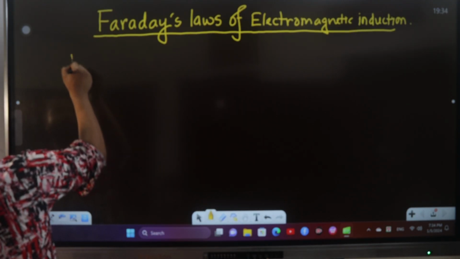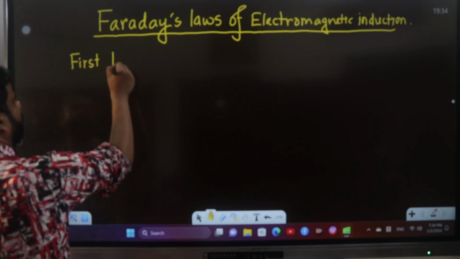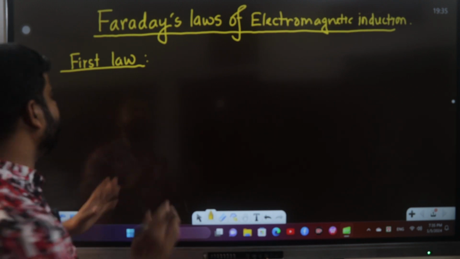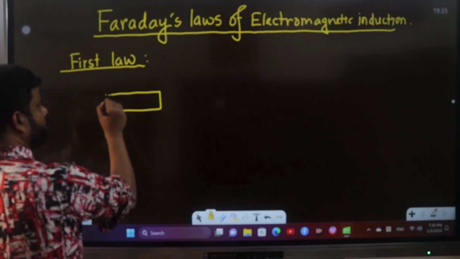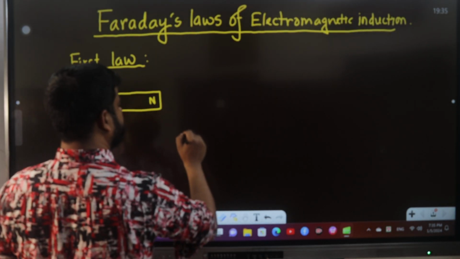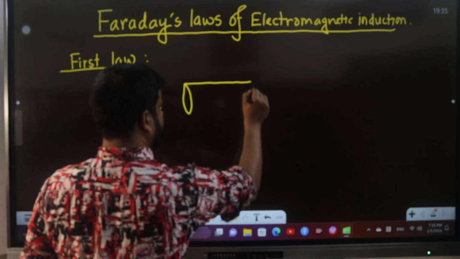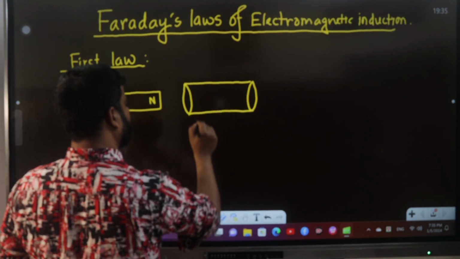So, first law. There are two laws. First law: when there is a relative motion between a magnet, say this one is the north pole of the magnet, and a closed loop coil. Say this one is the insulated hollow tube.